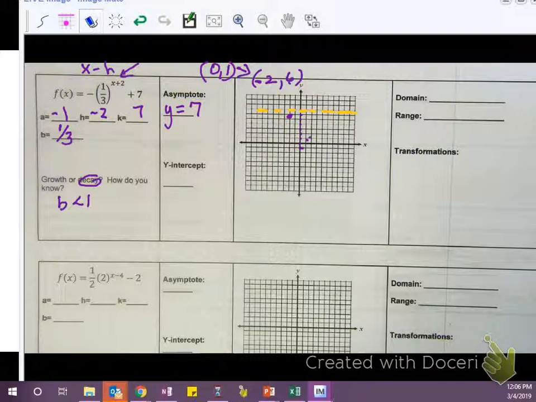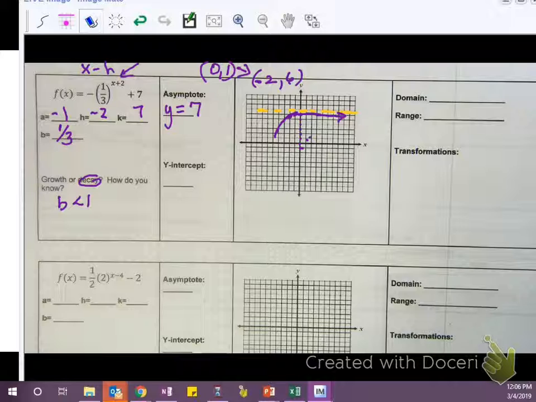So instead of being at 1, it's now at negative 1, and it's a little above right here. So my function is actually going to go this way. It's going to approach 7 from below.